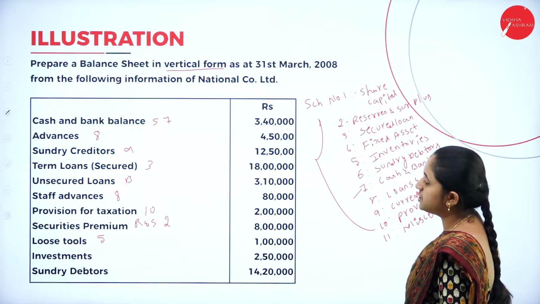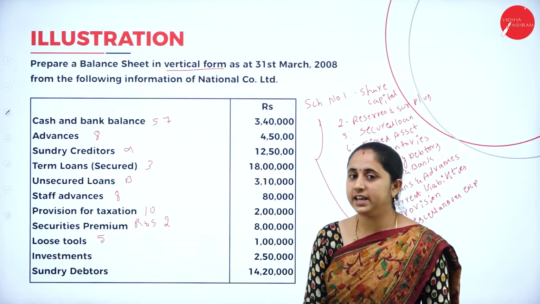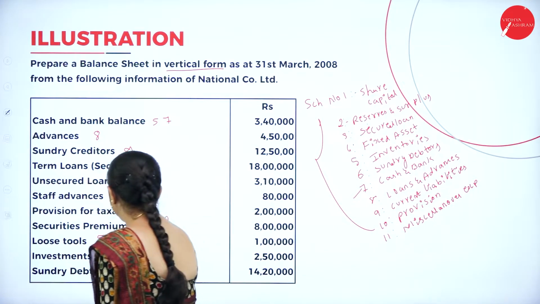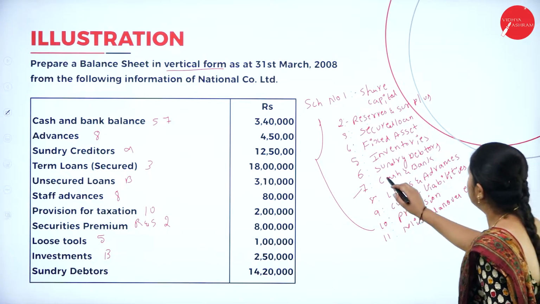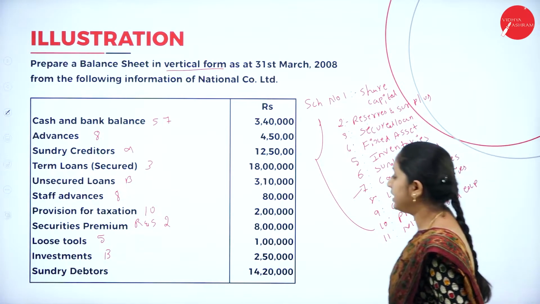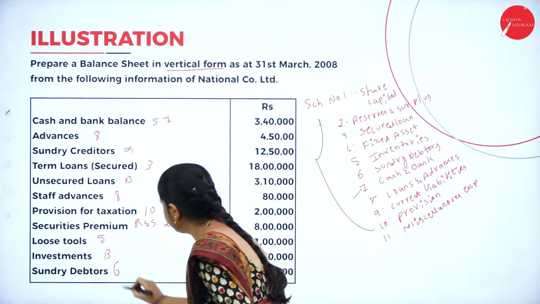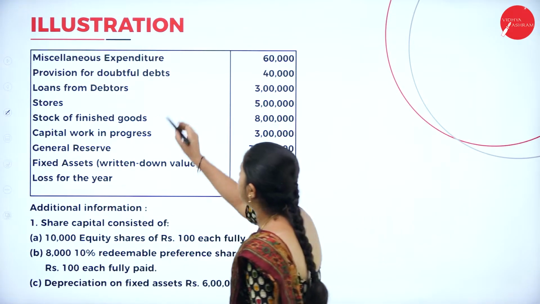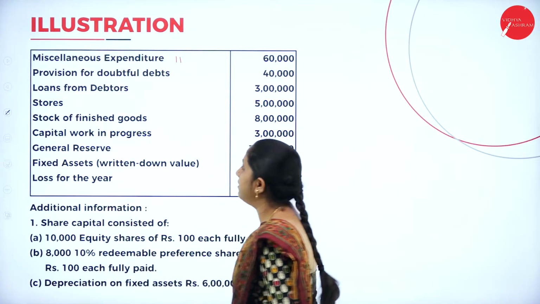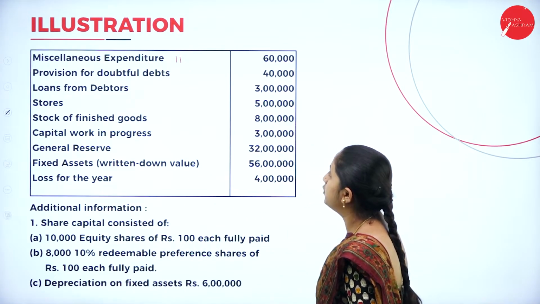Investments we are going to write directly in the balance sheet. Next, sundry debtors, schedule number 6. Miscellaneous expenses, schedule 11. Provision for doubtful debt.